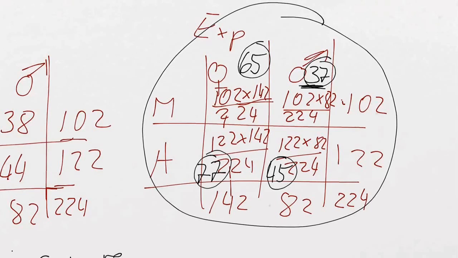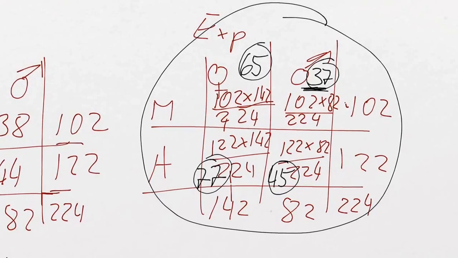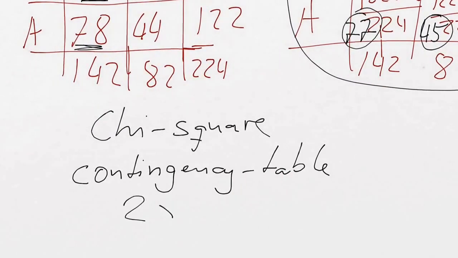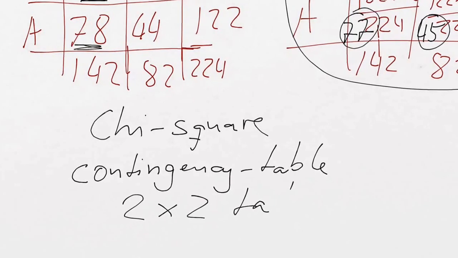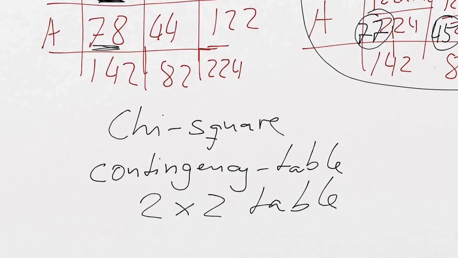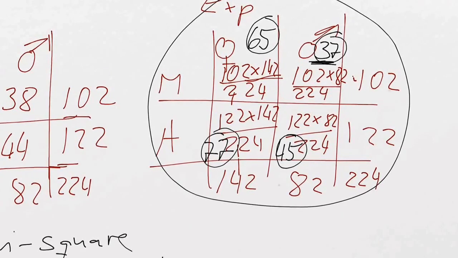This is a 2-row, two-column table. So this contingency table is also called a 2x2 table. And the rule for the contingency table for the expected numbers is, as I said, multiply the corresponding marginal numbers and divide by the grand total.